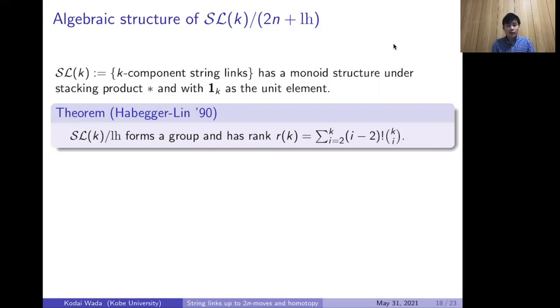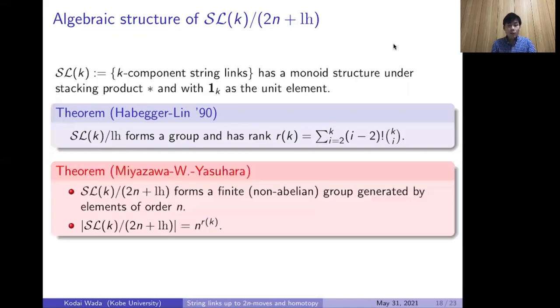Habegger and Lin proved that the set of link-homotopy classes of SL(k) forms a group, and it has rank R(k), which is the sum of (i minus 2) factorial times the binomial coefficient k choose i. Using this result, the lemma, and the proposition in the previous page, we have the following theorem.